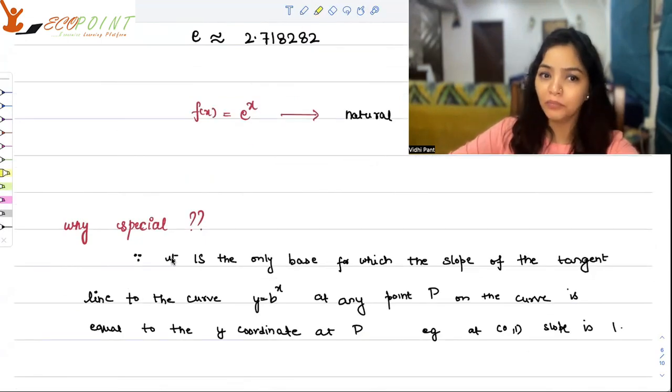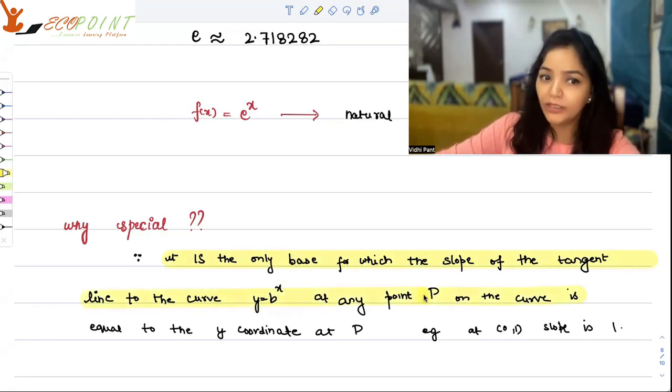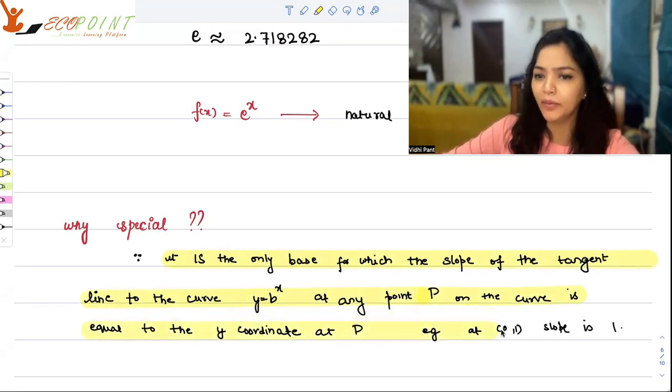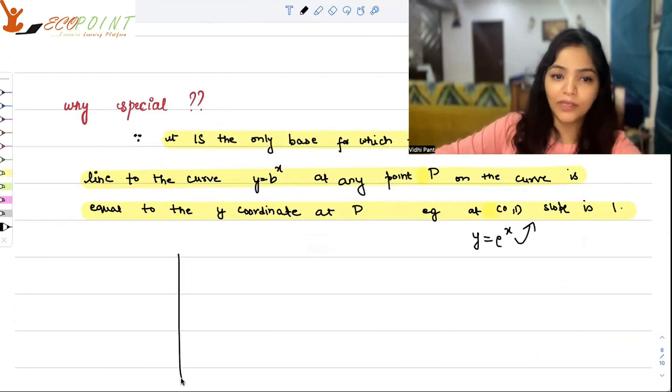It is special because it is the only base for which the slope of the tangent line to the curve y equals b to the power x at any point P on the curve is equal to the y-coordinate at P. For example, if we take y equals e to the power x, then at the point (0, 1), the slope is actually 1. The graph would go something of this sort.